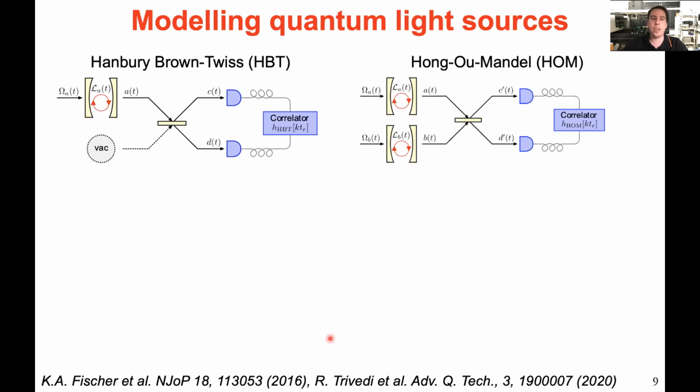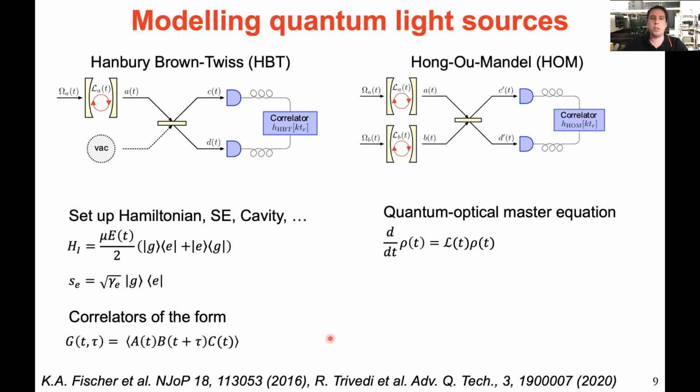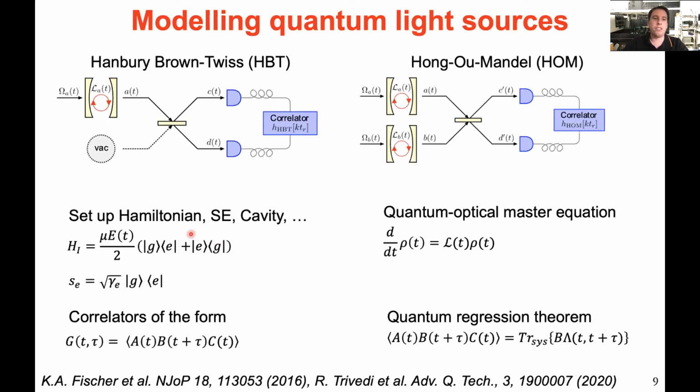So in order to do that, we established a simulation framework where you define your Hamiltonian. The operators that we're interested in are of the form that is written here. So it's a correlator of operator A at time t, operator B at time t plus tau, and operator C at time t.